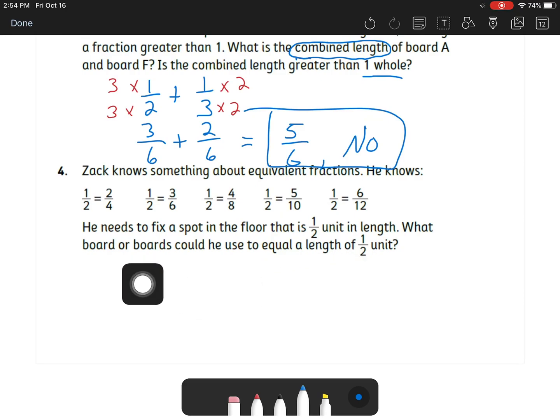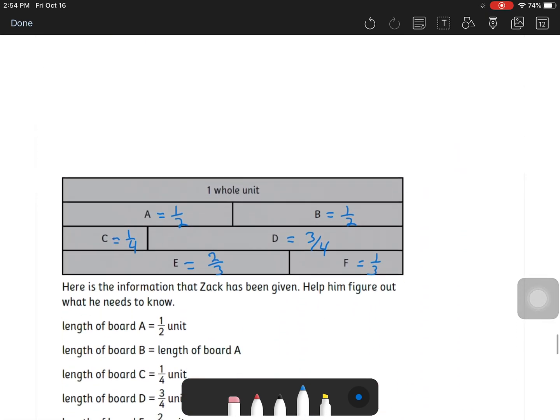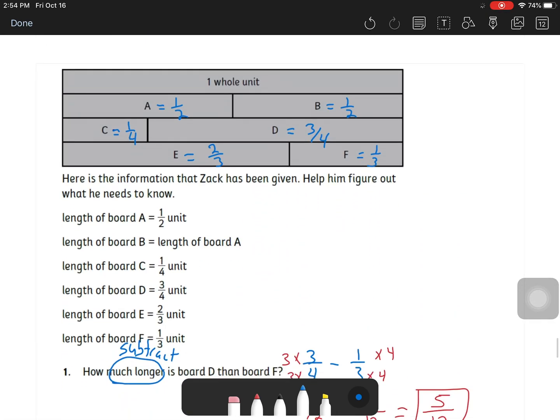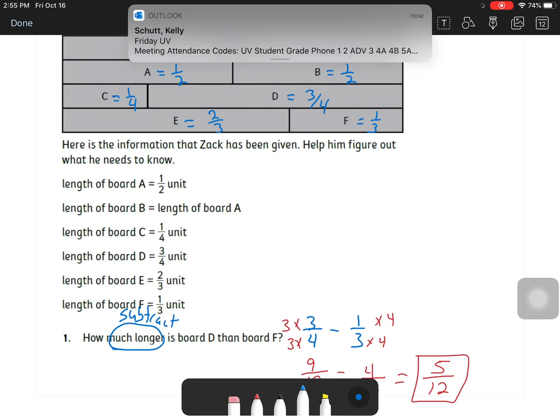Okay. So what we want to know is which of these boards is equivalent to 1/2. Well, we know that A and B are 1/2. And I guess they're asking if we were to add some boards together, what could we get. We could use A or B, and we could use 2 C's.